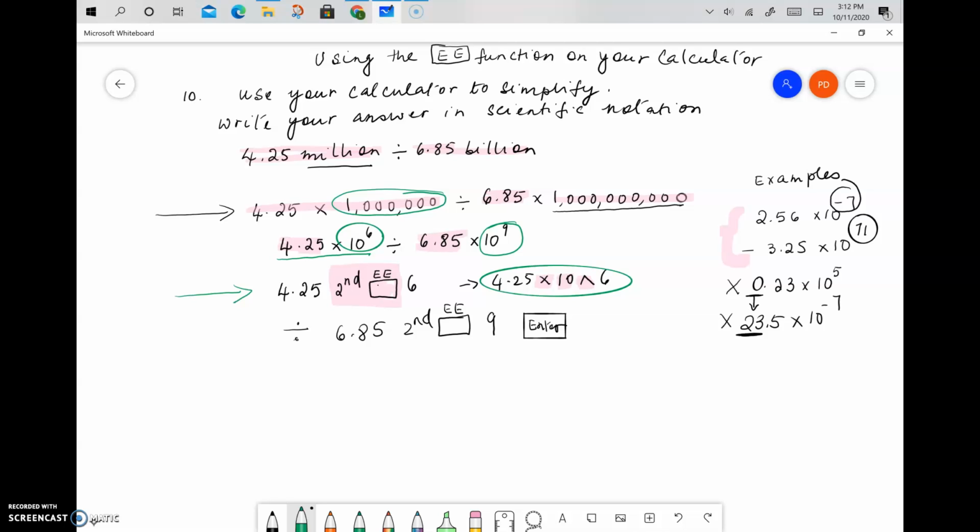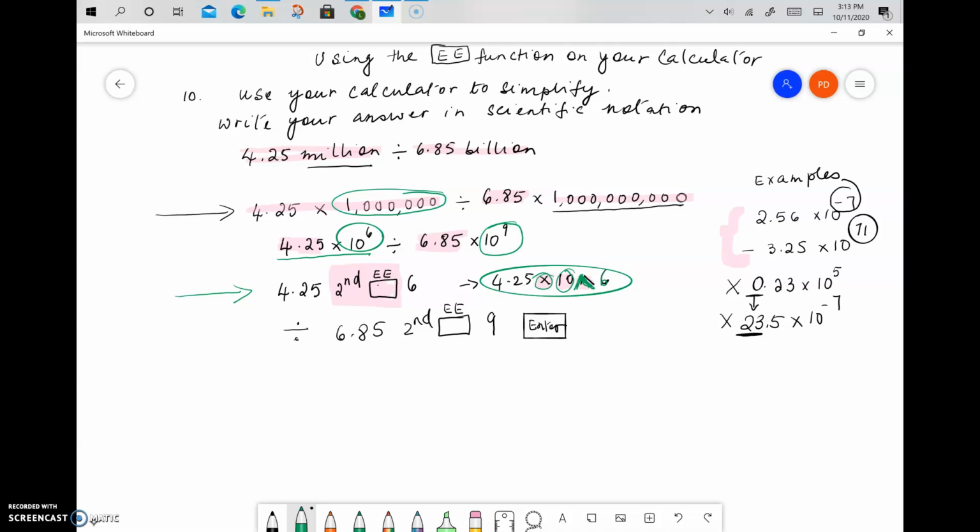You first enter 4.25, then you hit the times button, then the 10, and then the exponent, and then you enter the exponent. So that's a lot of entering of numbers, and the more numbers you enter, there is a higher probability of making data entry errors. So we're going to use the double E button, and this is exactly how it works.